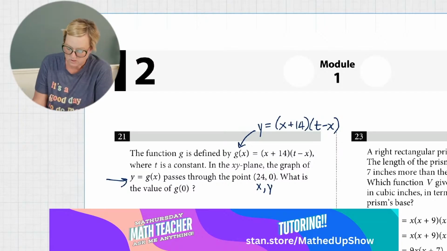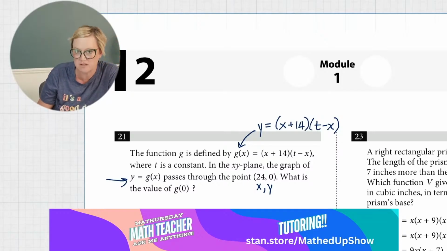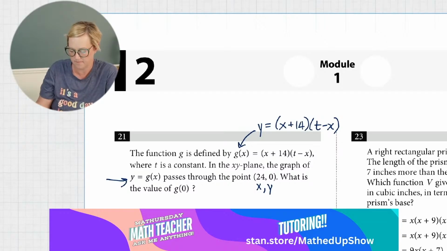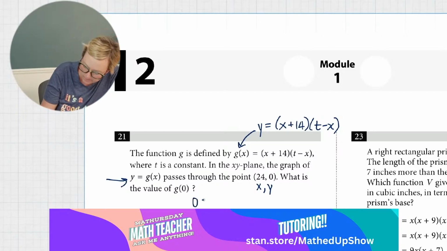In order to figure out what g of 0 is, I've got to know what t is, because otherwise I've got too many variables going on. So I know that when y is 0, x is 24. So I've got 0 equals, I'm going to plug in what I know, 24 plus 14 times t minus 24.